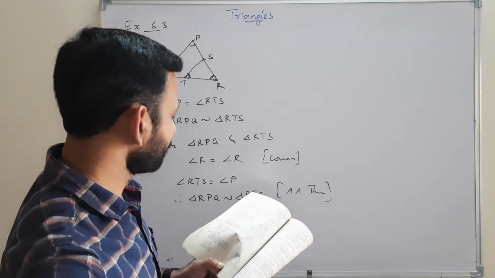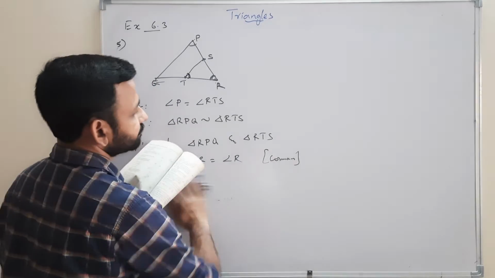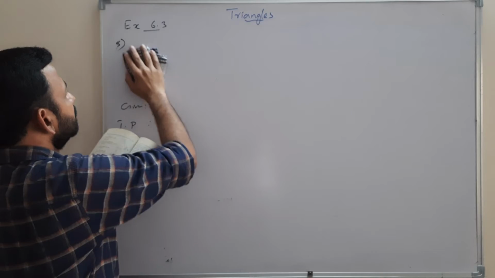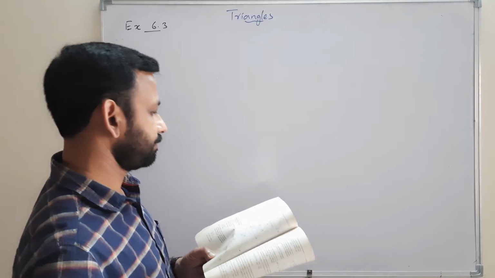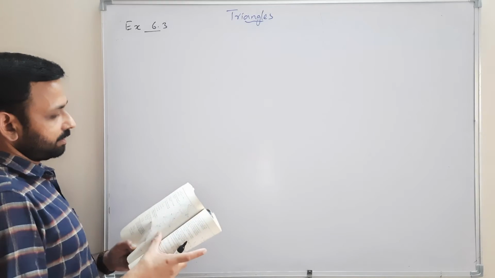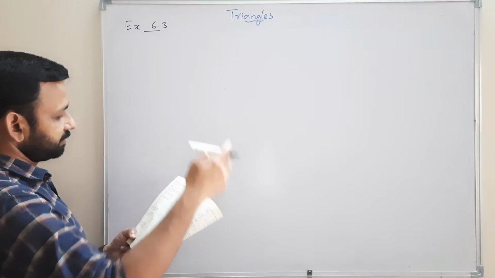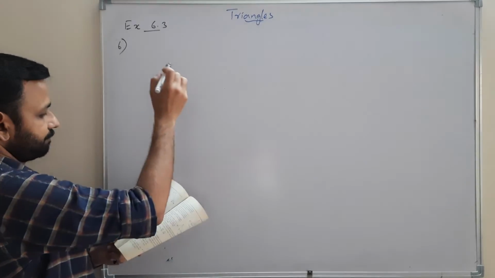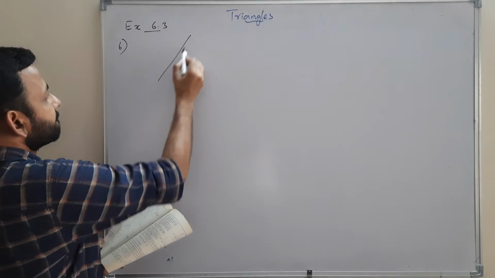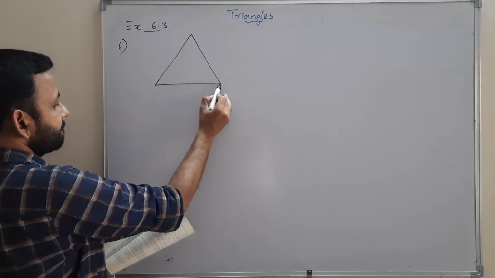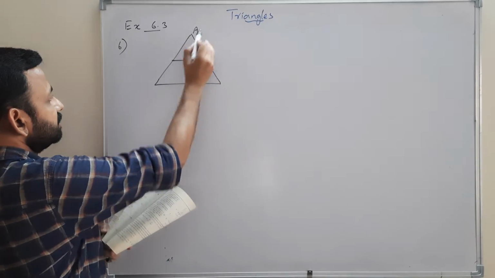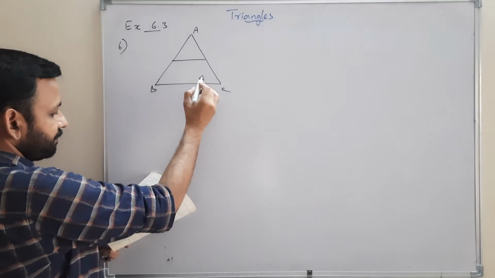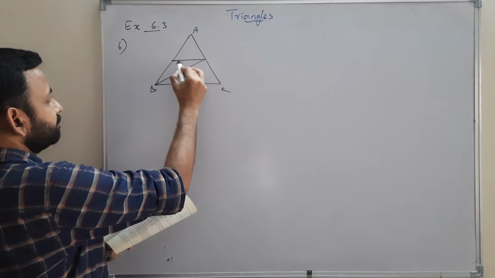Now we will do question number 6. Sixth one. In figure 6.37, we can draw that figure. Here we have triangle ABC. Then we will join them.